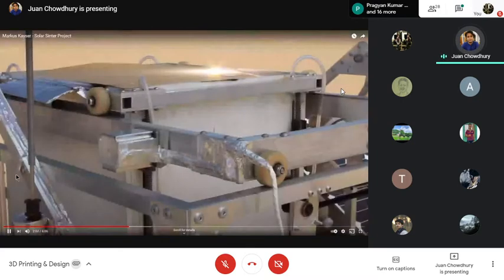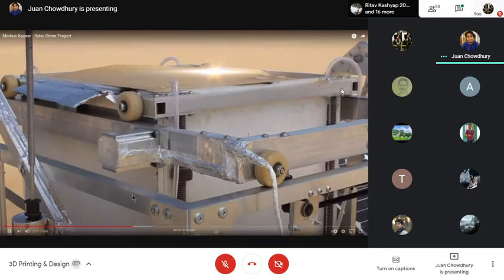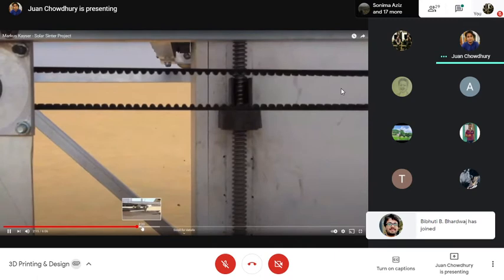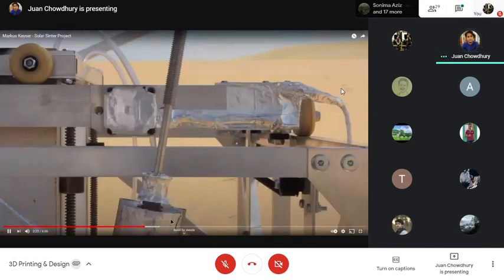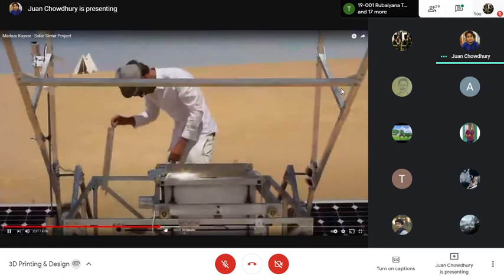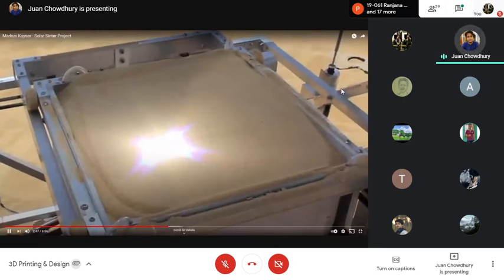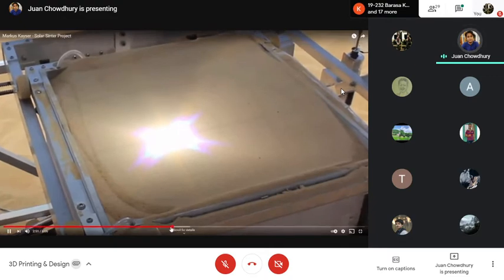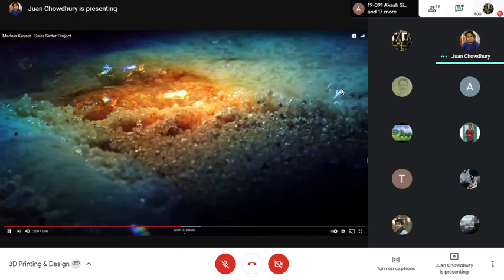These are the X and Y stages, and that is the Z stage. The lead screw is moving, and it also has a rotary system. That's great. So sand is mostly silica. You melt it up to a certain temperature and it starts printing, melting the sand at microscopic scale.